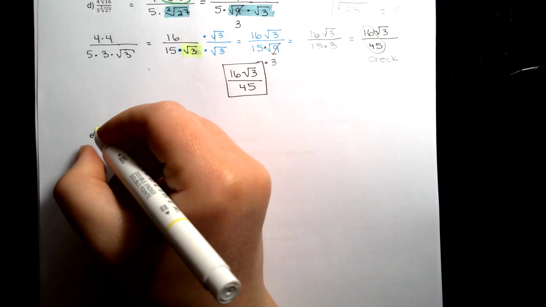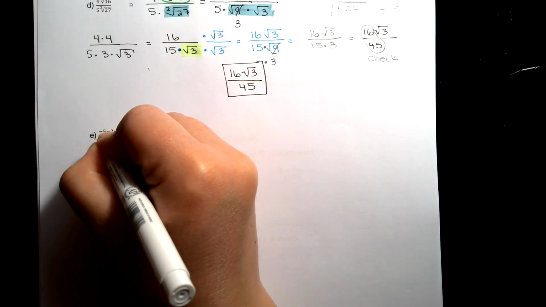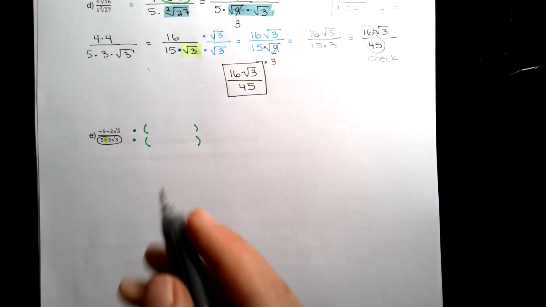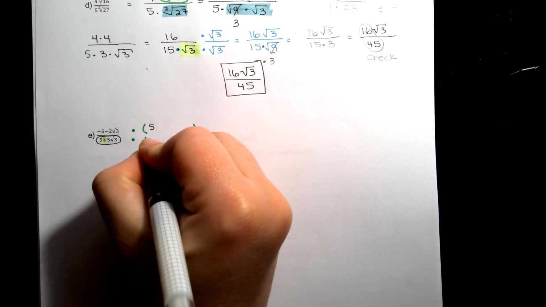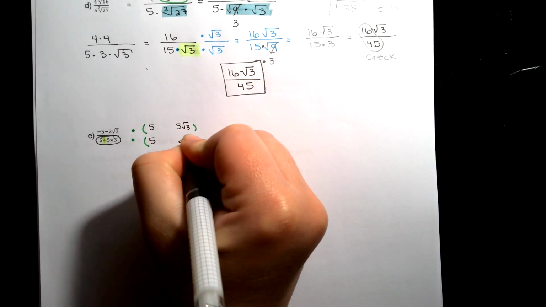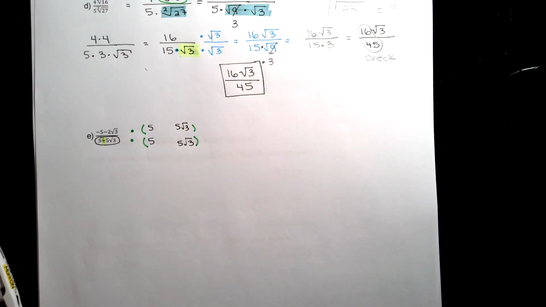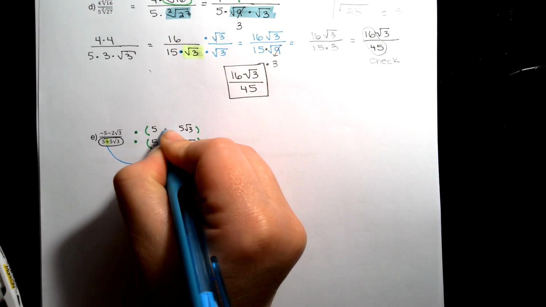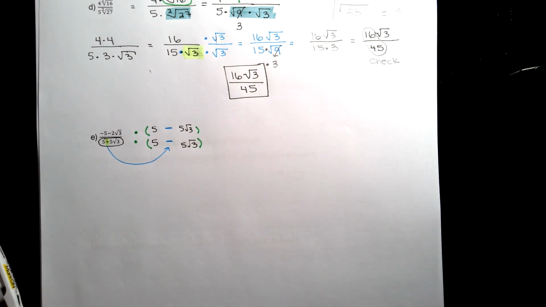Conjugate is where you keep everything the same except the middle symbol that we see is a plus. So we're going to make that middle symbol into a minus. So 5 and 5, 5 root 3, 5 root 3. And then in the middle, because I see in the denominator addition, now I'm going to make it into subtraction.